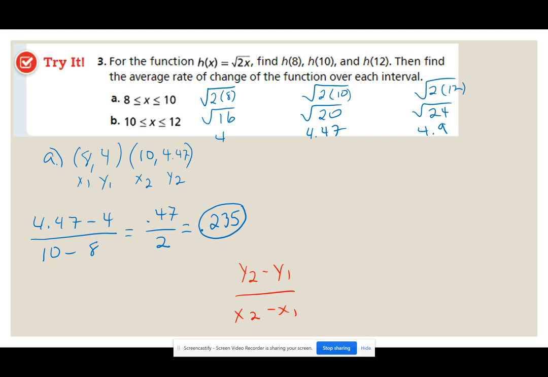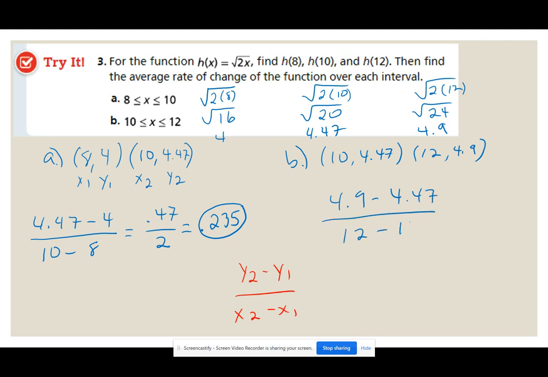All right. For part B, they want us to find between 10 and 12. So when I substituted 10 into my equation, I got 4.47 out. When I substituted 12 in, I got 4.9 out. And again, if I put it in the equation, I'm going to have 4.9 minus 4.47 over 12 minus 10.